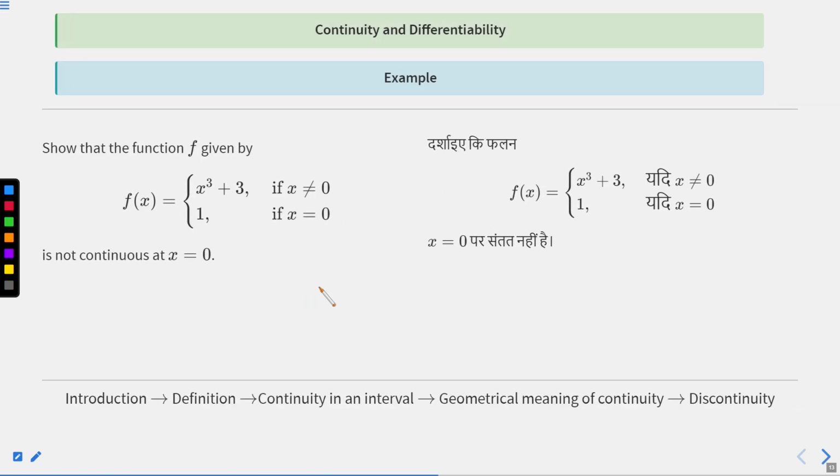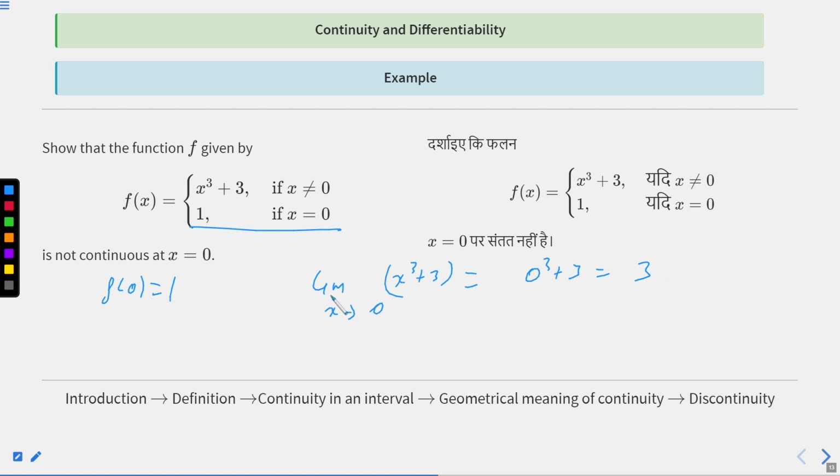Now here again we have to show that it is not continuous. Let's see. The actual value f(0) is 1, as you can see, but the limit of f(x) as x tends to 0 is x cube plus 3, which is 0 cube plus 3, just 3.